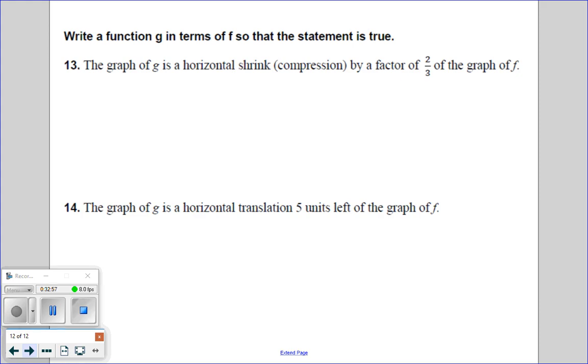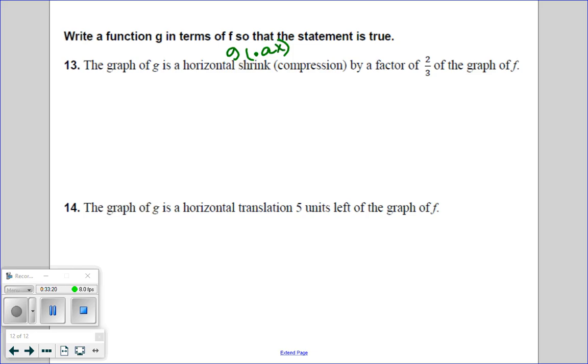All right, on these, we're going in the opposite direction. Instead of being given the function and describing the transformation, we have a description, and we want to write what that would look like for g of x. So if we do a horizontal shrink, right away we know we're multiplying here by a on the inside of the function. It's horizontal, so it's got to be on the inside of that g of x, and it's a multiplier since it's a shrink.